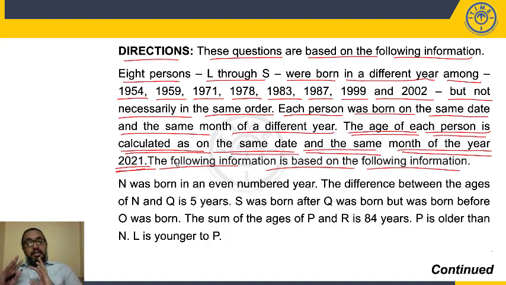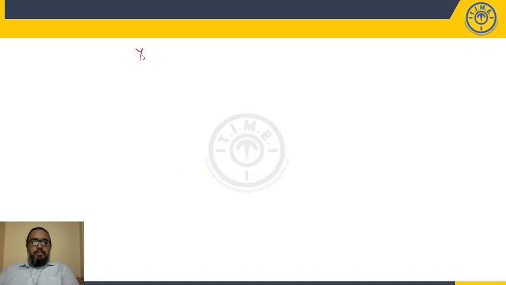So you will have an advantage of the age also getting available for you, so that we can fix the persons very easily. Understood the concept here? Okay. So we'll list down the years first. Then we will also get the ages as on the year 2021, and then we can fix the persons.